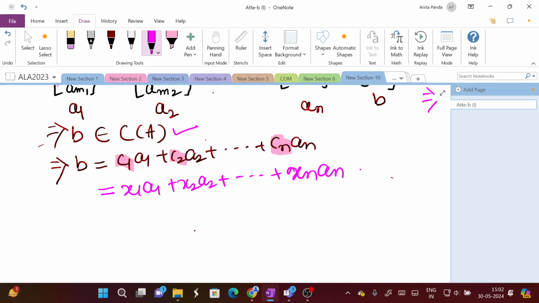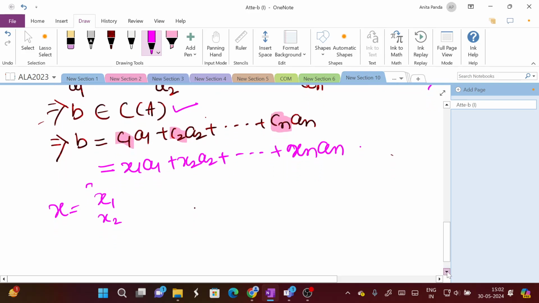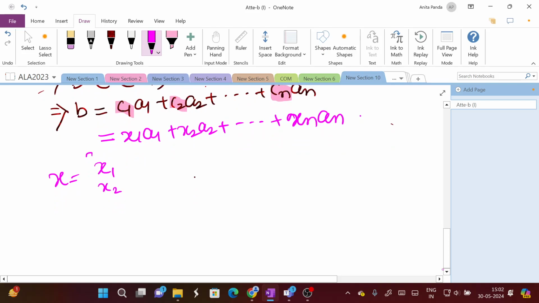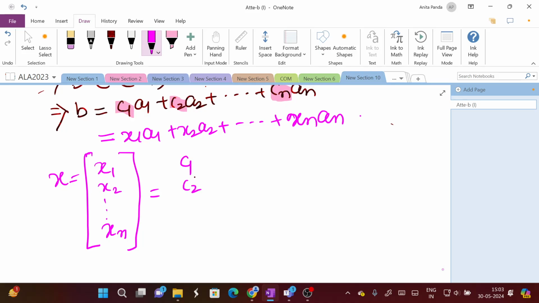So what we got? x1, x2 and so on up to xn is equal to C1, C2 and so on up to Cn.